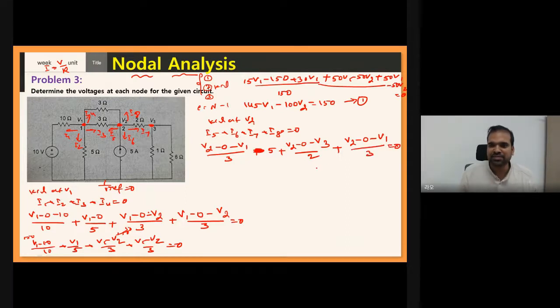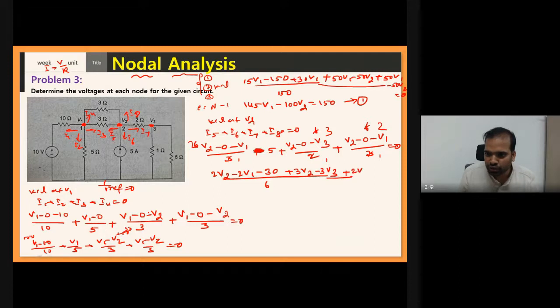Now, what is the LCM here? 3 into 2, 6. Okay, now if you put the 6 here, what happened? 3 ones and 3 twos. Therefore, 2V2 minus 2V1 minus 6 into 5, 30, plus, if I write 6 here, 2 ones and 2 threes. Therefore, 3V2 minus 3V3 plus, if I write 6 here, then 3 ones and 3 twos.